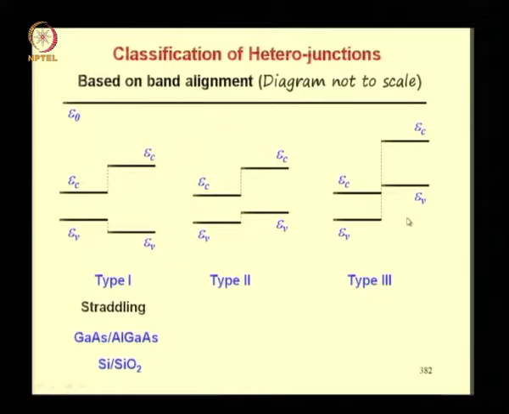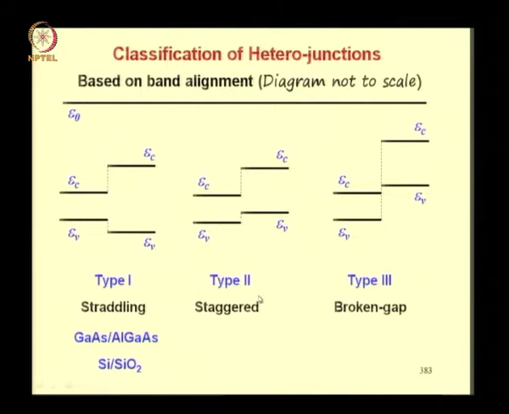The difference between type 2 and type 3 is that in type 2 the valence band edge is aligned against the energy band gap of the other side of the heterojunction, whereas in type 3 both the conduction band edge and valence band edge are above the conduction band edge of the other side. The type 2 heterojunction is called staggered and type 3 is called broken gap heterojunction.